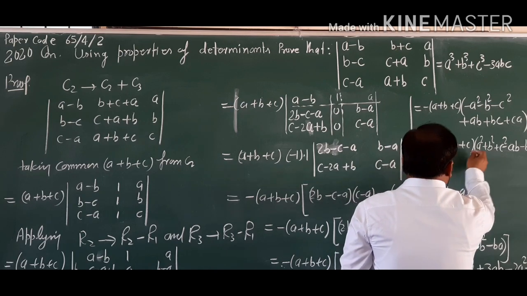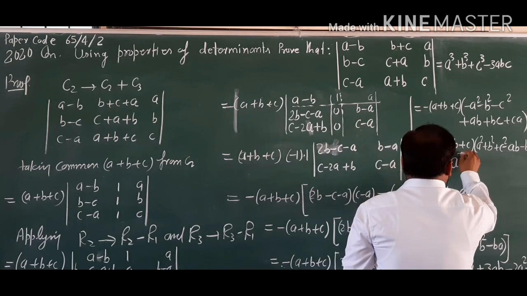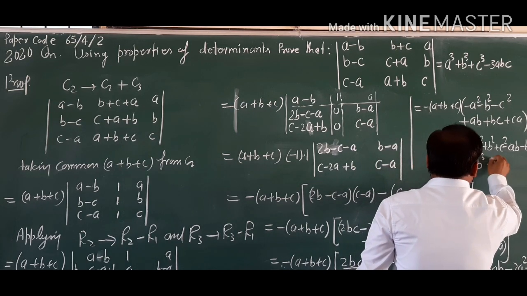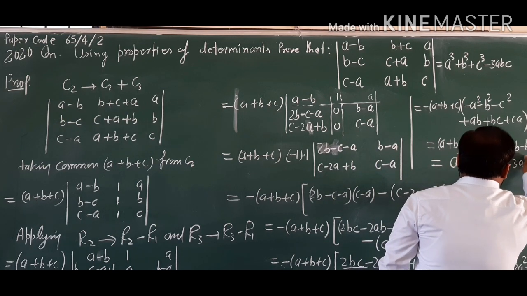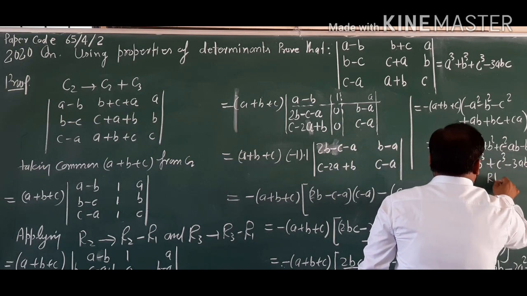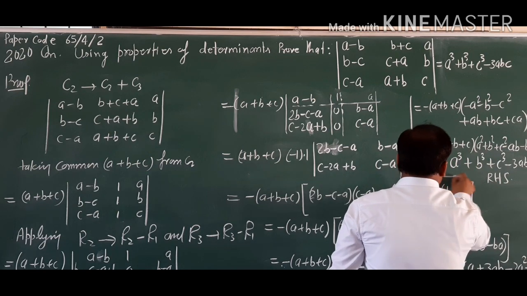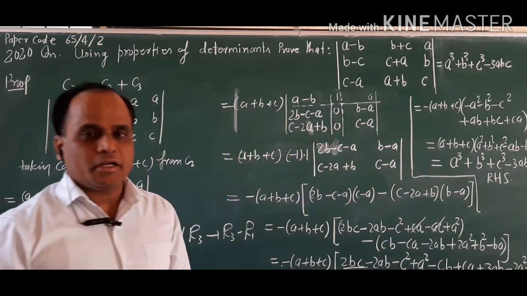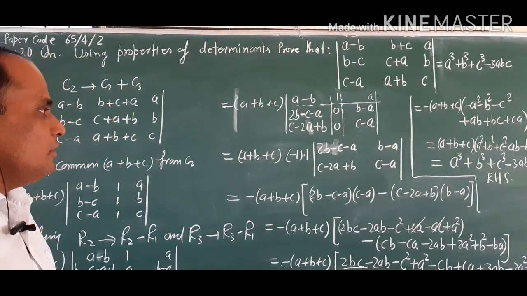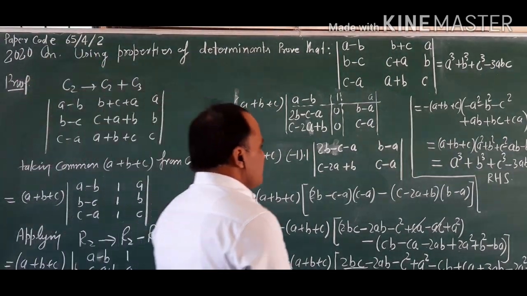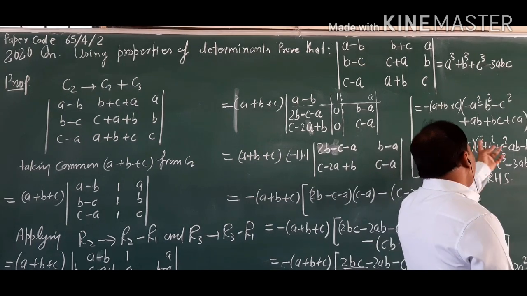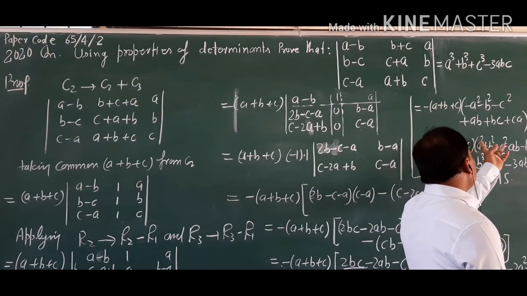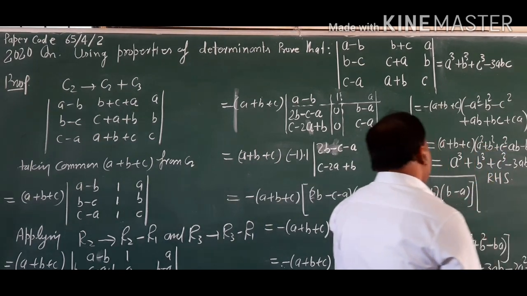So that is nothing but what we have to prove: a cube, b cube, c cube minus 3abc. That is your answer. Means when we proceed stepwise, we can get the result easily. So you can see this one is an identity of this one. So whenever we get this, we can write that one.